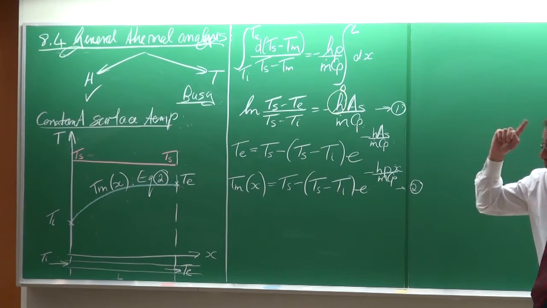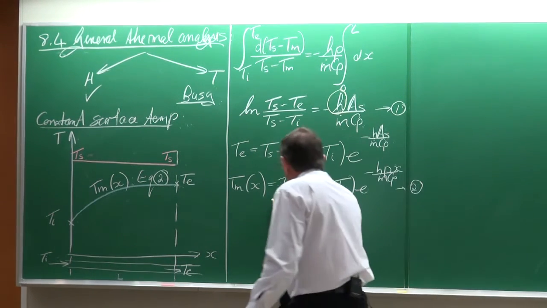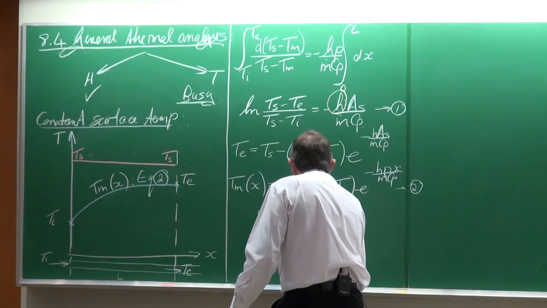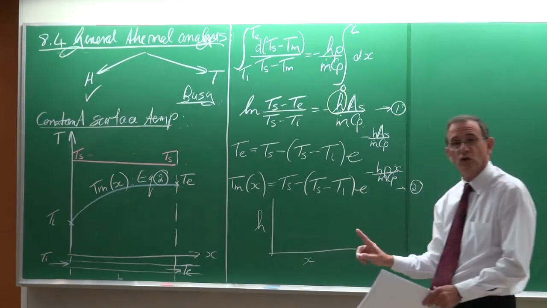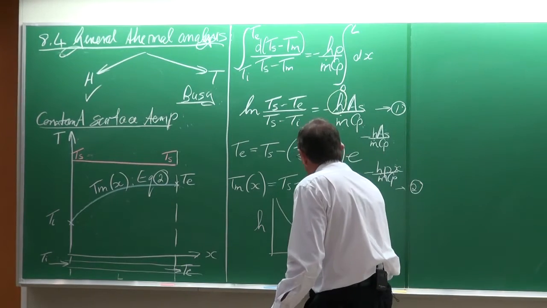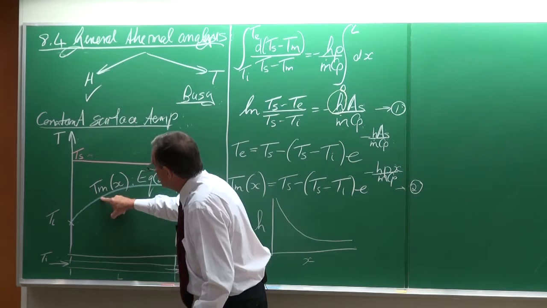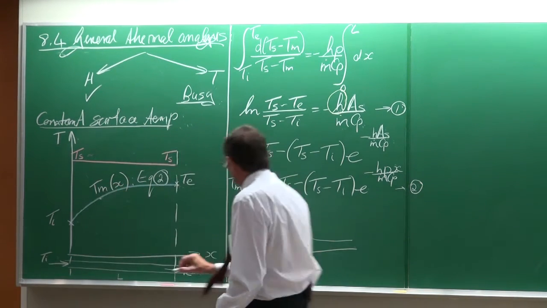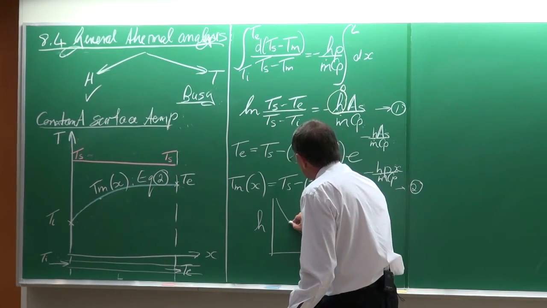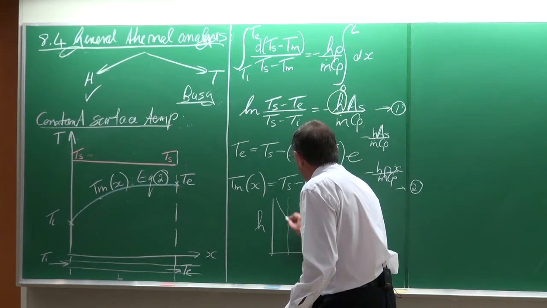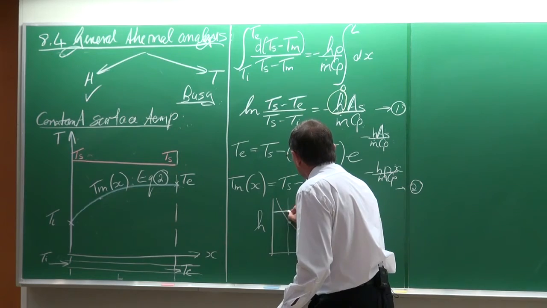However, we have to keep on remembering the heat transfer coefficient, because if we would go and measure the heat transfer coefficient as a function of x, it would do something like that. If we want to get the temperature at that point there, then for this path we need to get the average heat transfer coefficient.